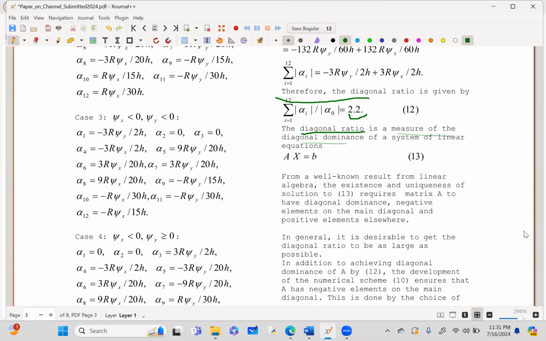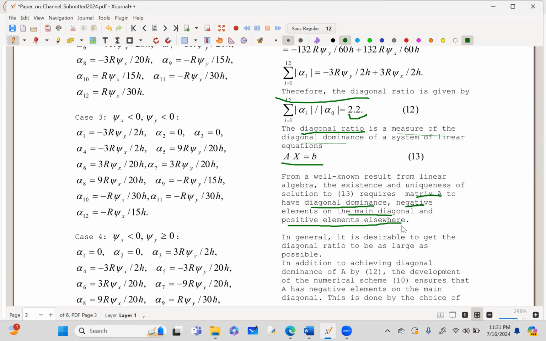If we examine a result from linear algebra, which relates to the existence and uniqueness of the solution to the matrix equation Ax equal to b, it requires matrix A to have diagonal dominance, negative elements on the main diagonal, and positive elements elsewhere, which means off-diagonal elements to be positive.